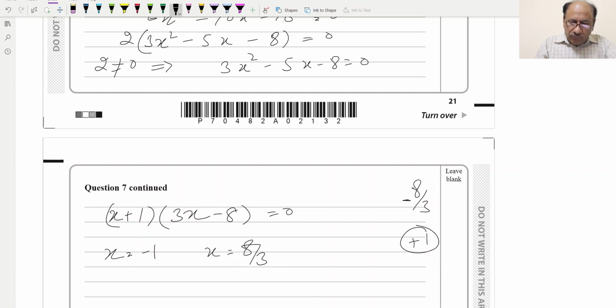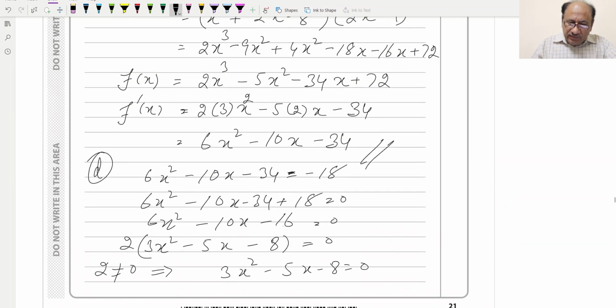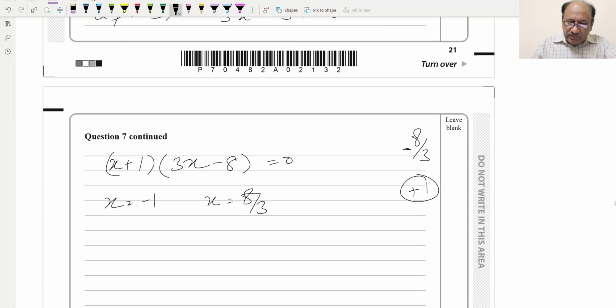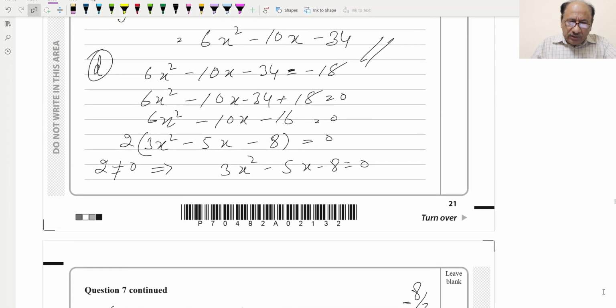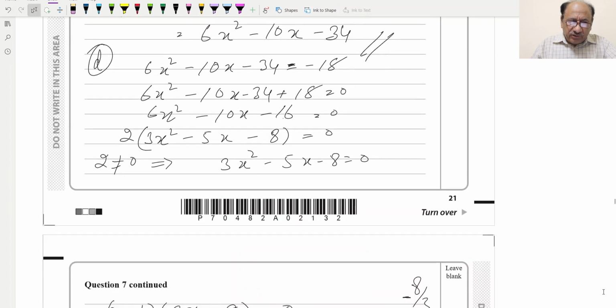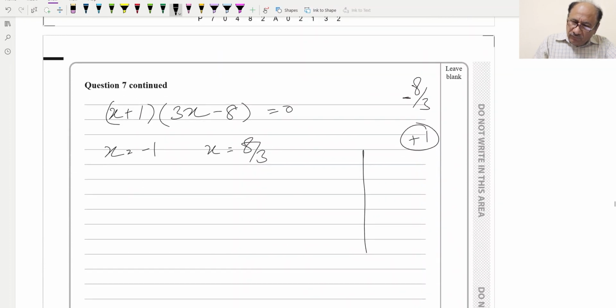So now for the inequality they are saying less than minus 18, and this is a quadratic which is opening upward, because the coefficient of x squared is positive. So if we sketch the inequality it will be like this one, minus 1 is over here and 8 by 3 will be this side.